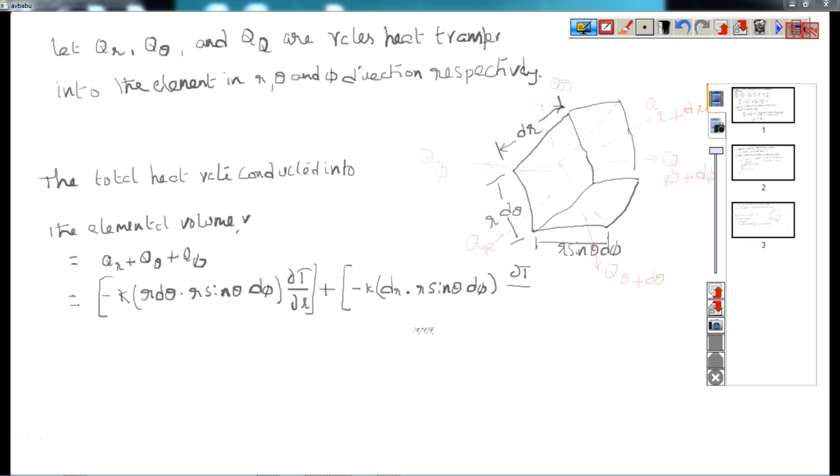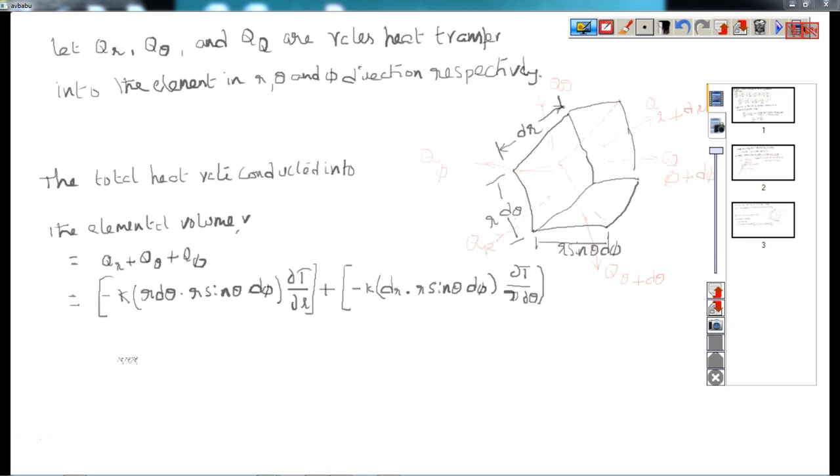Therefore dou T by dou l, dou T by dou x, you know the gradient. Therefore I will write it here, r dou theta.